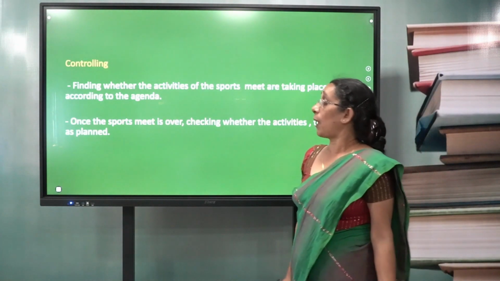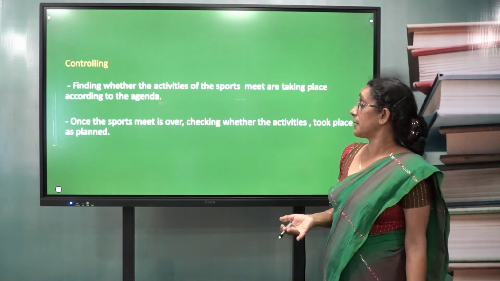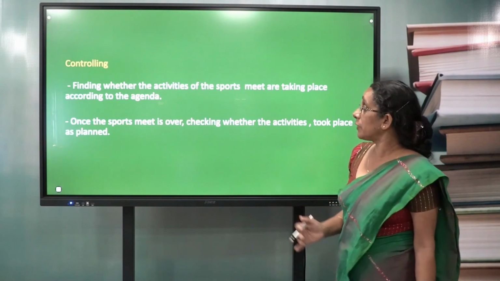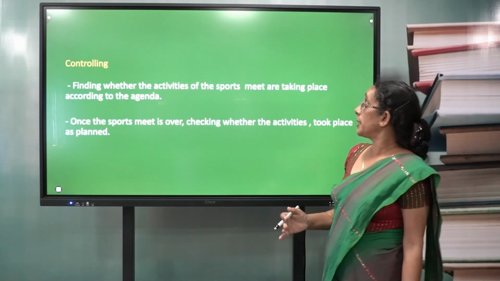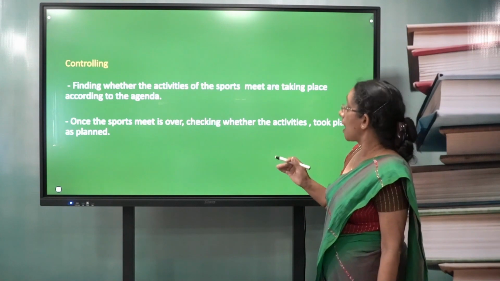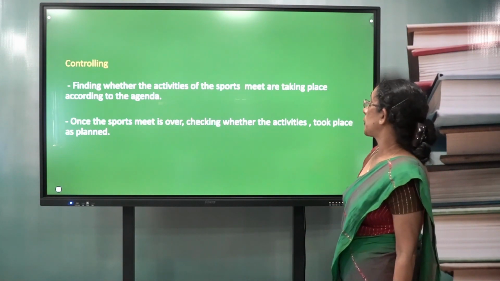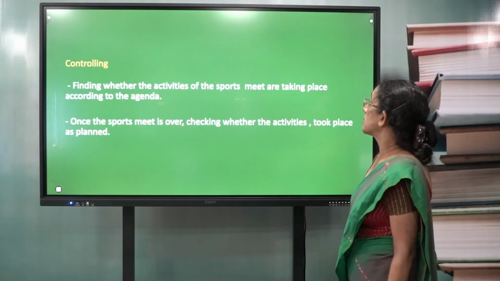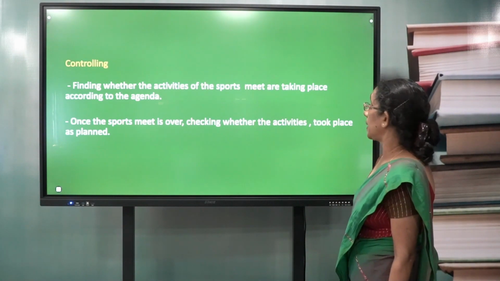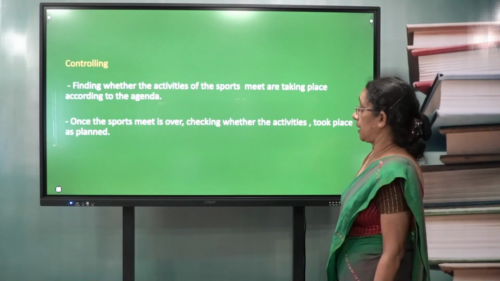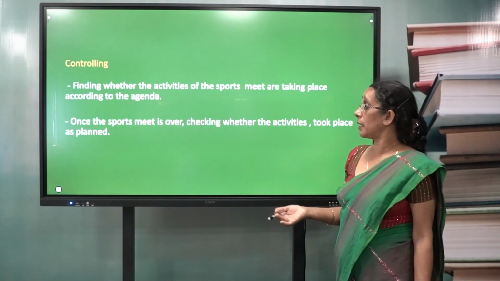Then what are the things that you can do under control? Controlling. While the sports meet is taking place, you can see whether the activities you have planned are taking place as expected, or according to the agenda for your sports meet. And this can be done even after that.